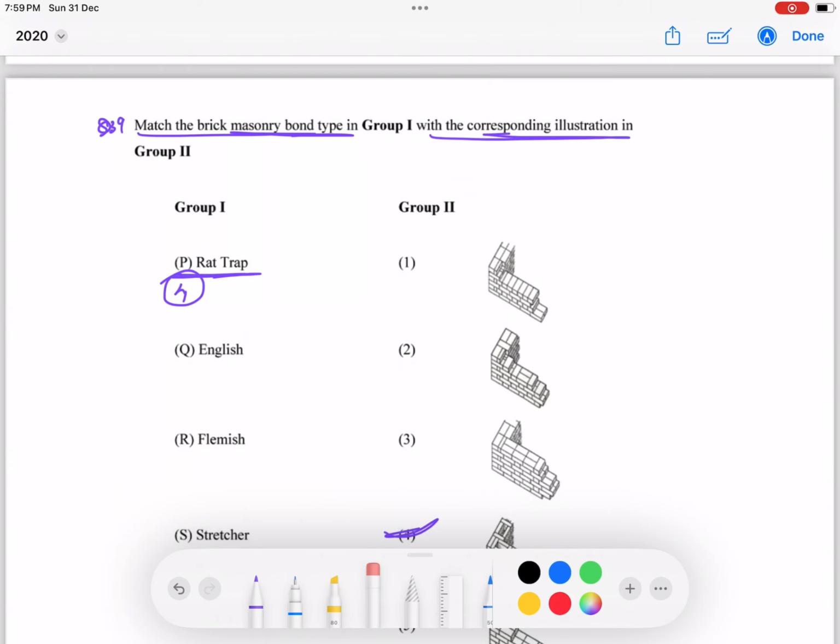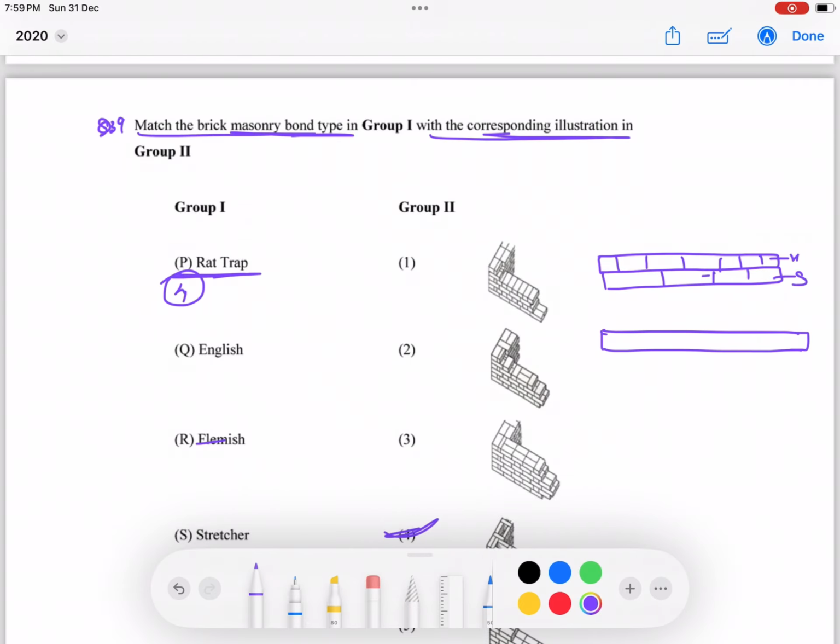Second is English bond. In English bond we have alternate courses: in elevation we have a stretcher course and then a header course. So this is header and stretcher. Flemish bond: in a single course we have stretcher, then header, stretcher, then header, stretcher and header. And the stretcher bond, obviously, in the elevation all of the courses you will see are stretchers.